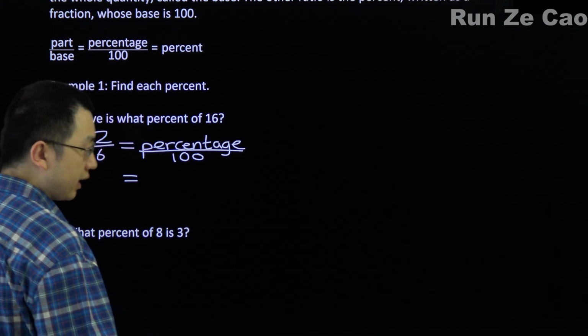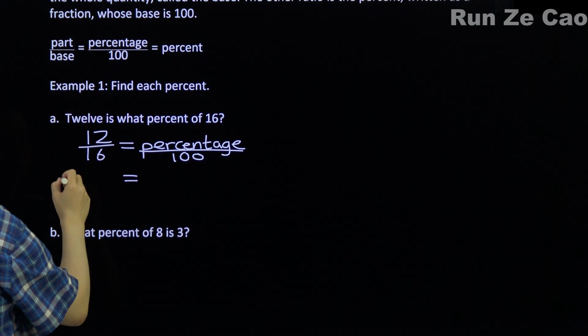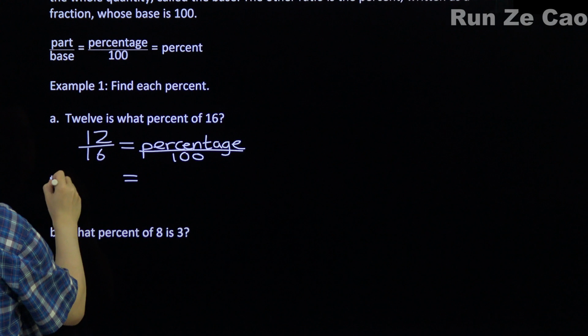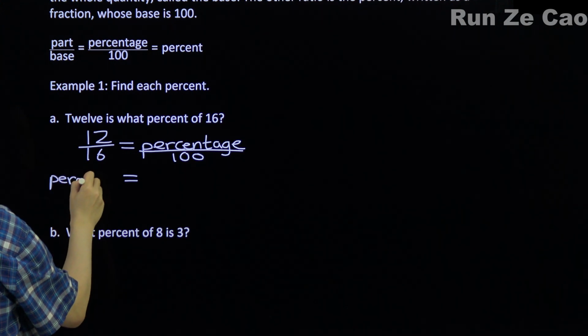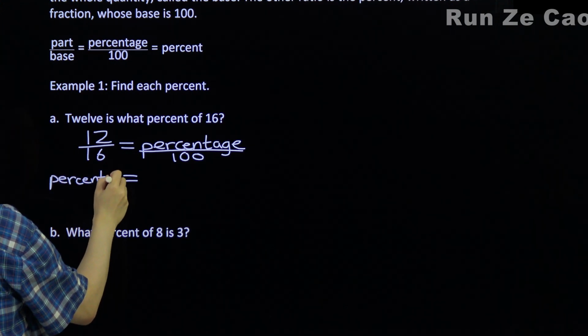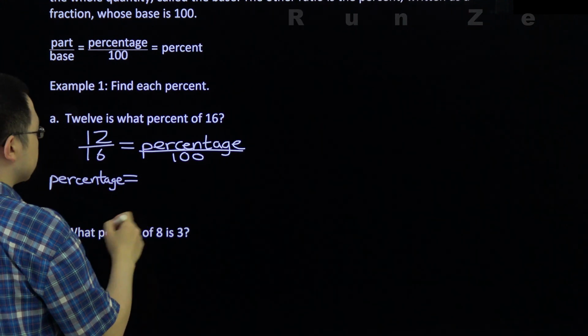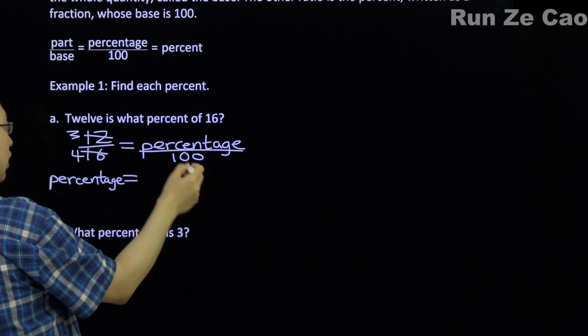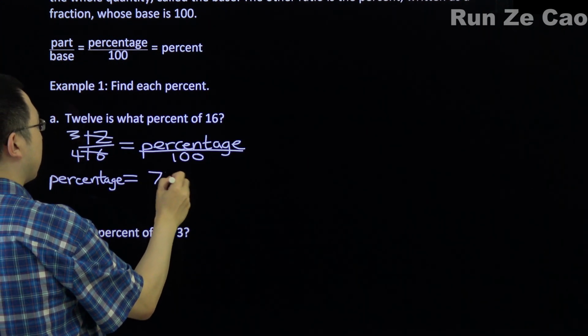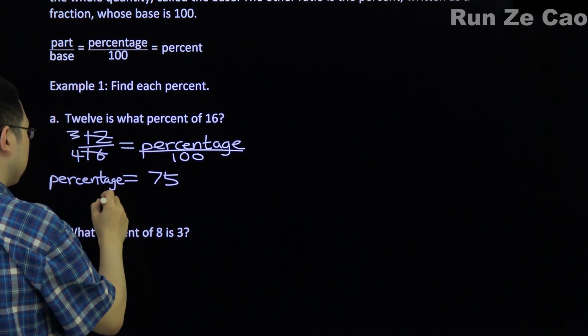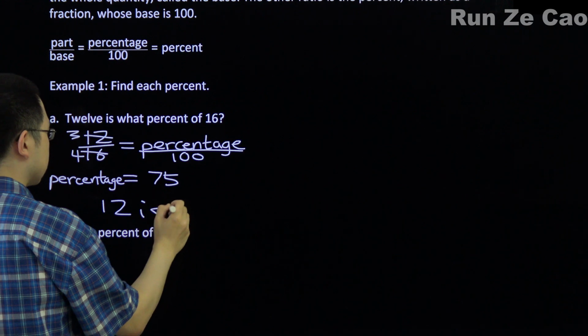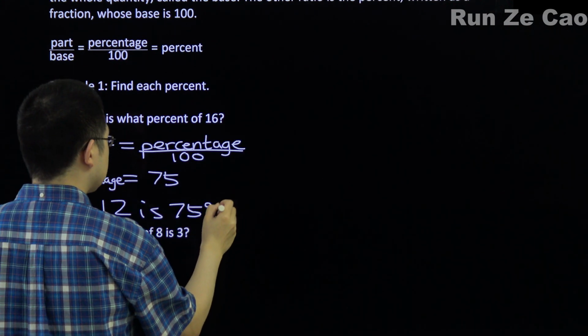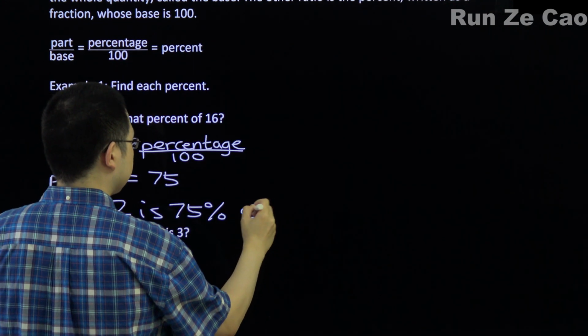What you end up with is percentage is equal to 75. This is 3 over 4, and if you cross multiply, you end up with 75. So 12 is 75% of 16.